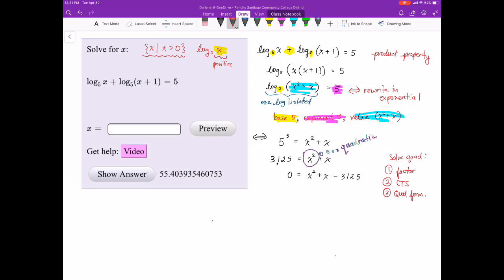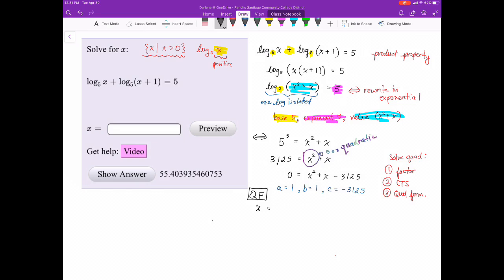We can complete the square here, but it's going to get kind of messy, so I believe we should use the quadratic formula, such that a is equal to 1, b is equal to 1, and c is equal to negative 3,125. So let's go ahead and solve this. We get x equal to, I'll say QF for quadratic formula.